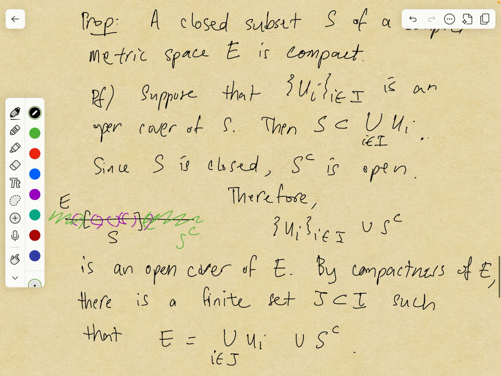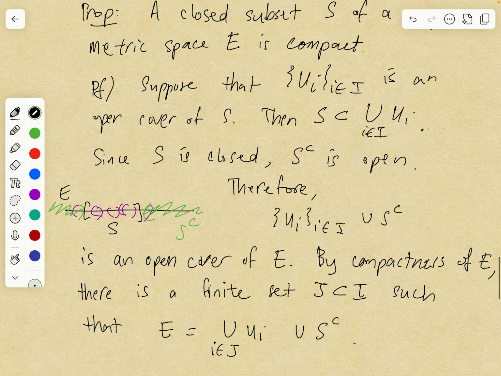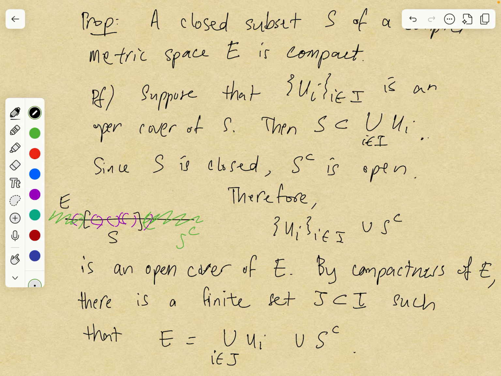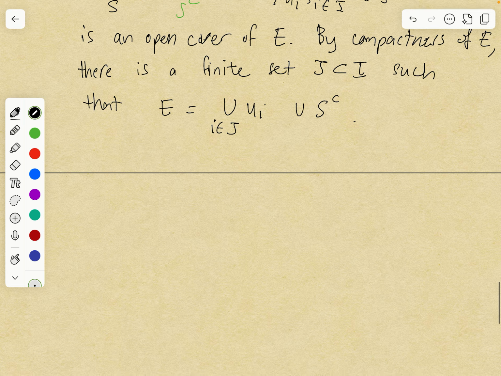Okay. So now what do we do? We're trying to show that there's a finite subcover of S, right? So now we have a finite union. We've expressed E as a finite union. So what does that say about S? Well, E is contained in this union.